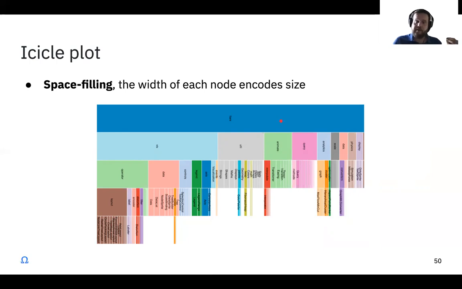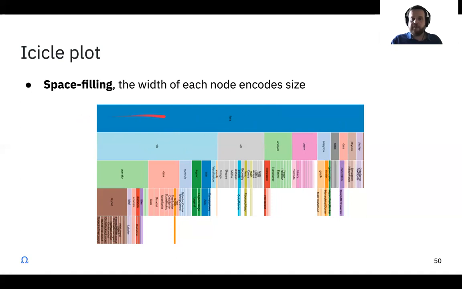So if you have weighted nodes, or if your tree is some kind of, let's say, market share, or you're decomposing your data into sized sections, then the icicle plot is a very useful visualization, because you can easily encode the size of each of those subtrees by width.